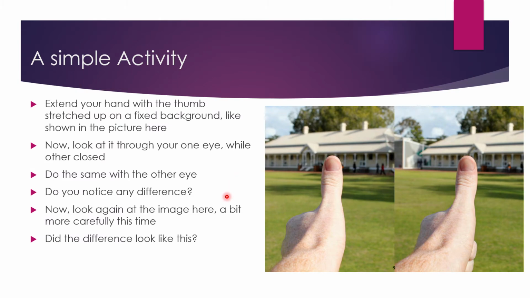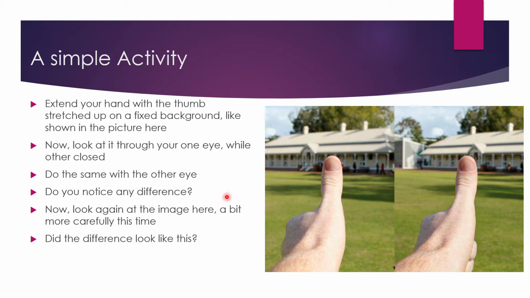Look out of your window and look at a nearby building or a tree or a house or something similar. Now stretch your hand out towards whatever object you're looking at, and extend the thumb pointing upwards. Now close one eye and with the other eye look at the thumb.